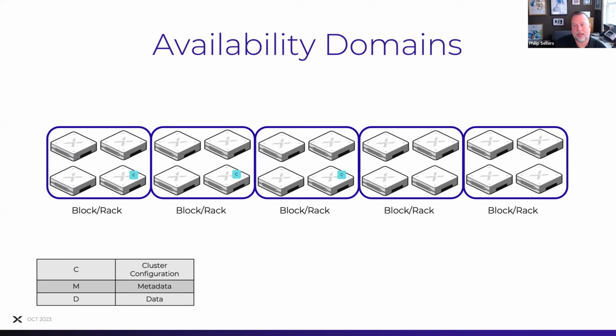And again, it becomes a best effort sort of configuration to balance the workloads, the data out so that we don't lose the entire cluster if any one of these 5 groupings goes away. So this is a standard enabled in every Nutanix cluster. They're capable. You have to have enough nodes in order to be able to do this, but it allows you to lose one complete purple block here and survive.